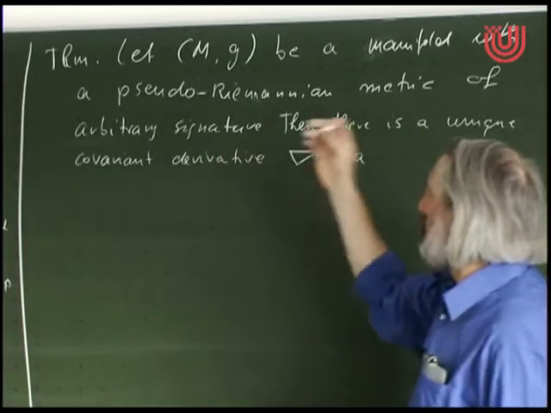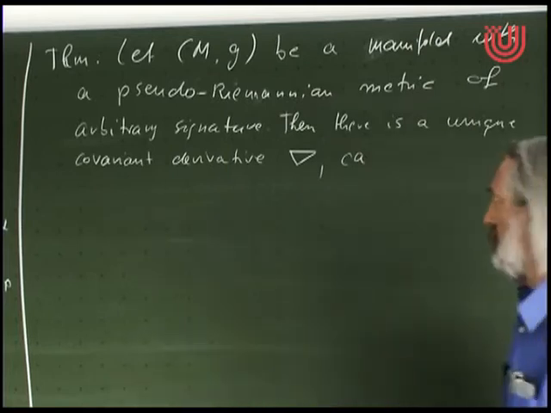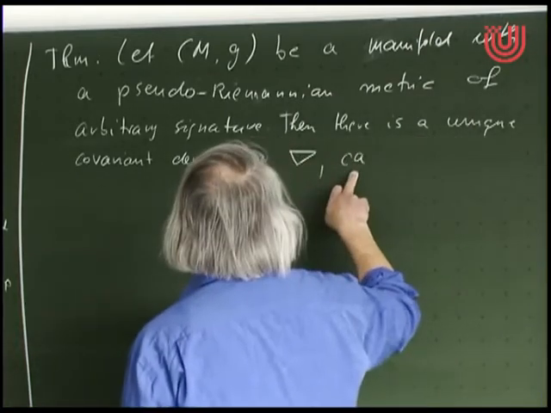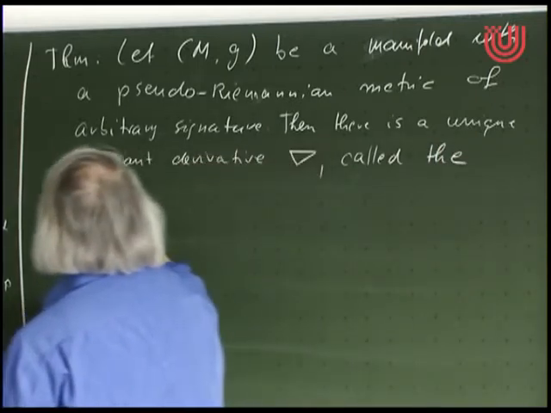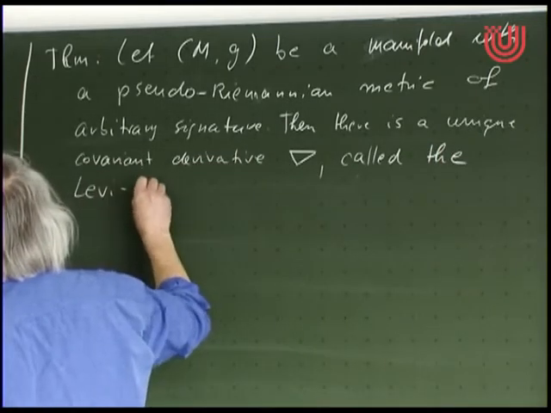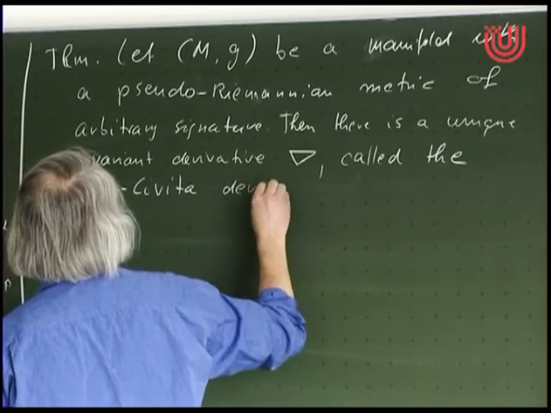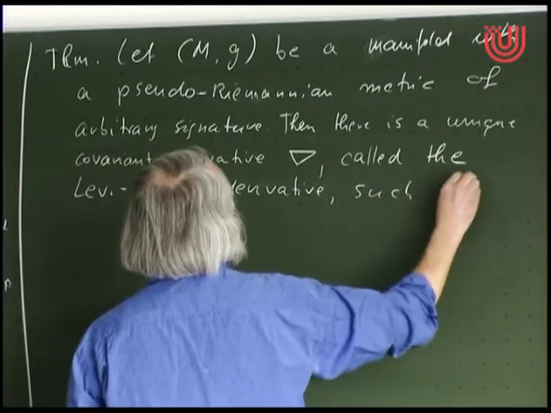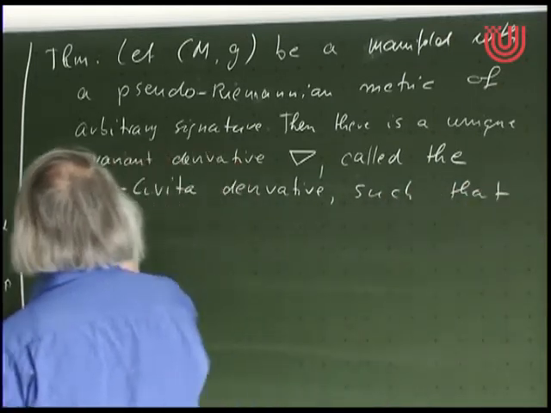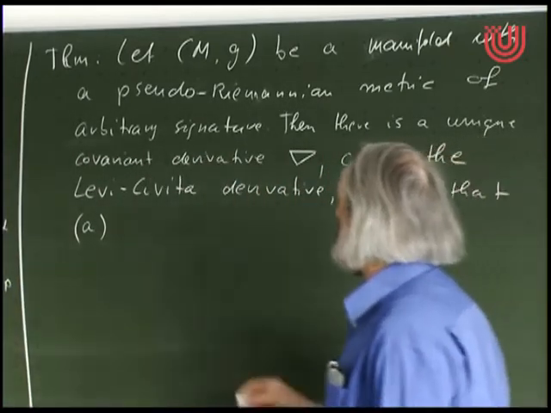Remember, covariant derivative is the same as linear connection. Yeah, the two words are used interchangeably. It is called the Levi-Civita derivative, such that, so there are two properties which define the Levi-Civita connection or Levi-Civita derivative.